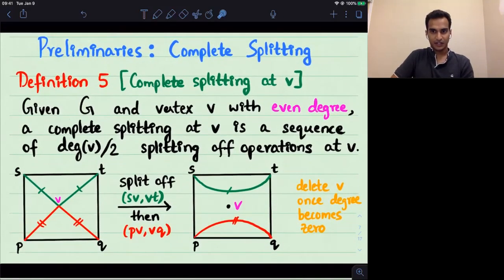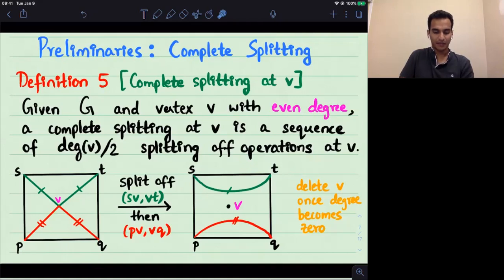The next definition concerns complete splitting. A complete splitting at V is a sequence of splitting off operations at V until the degree of V becomes 0. So we have a graph G and a vertex V with even degree.